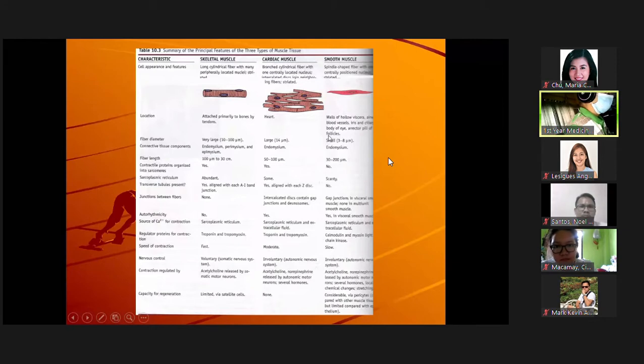Smooth muscle has only 3 to 8 microns, cardiac 14, and then skeletal is very large, 10 to 100 micrometers. Please continue knowing all this. This is very important in the examination. So let's go to the next.